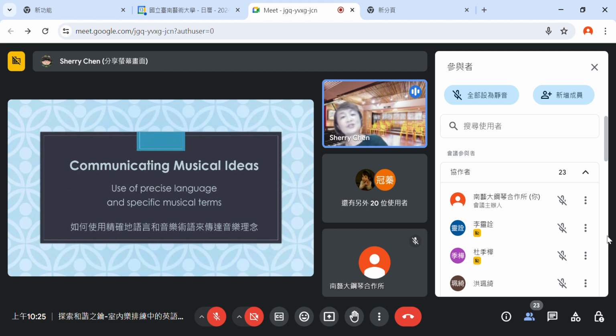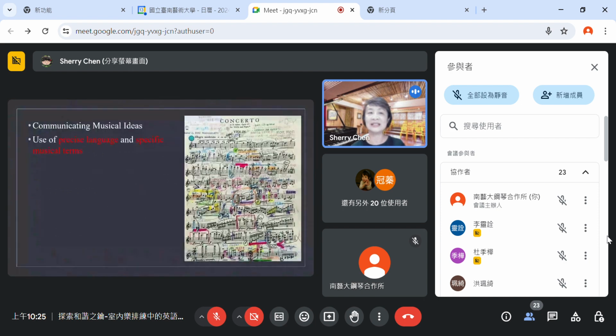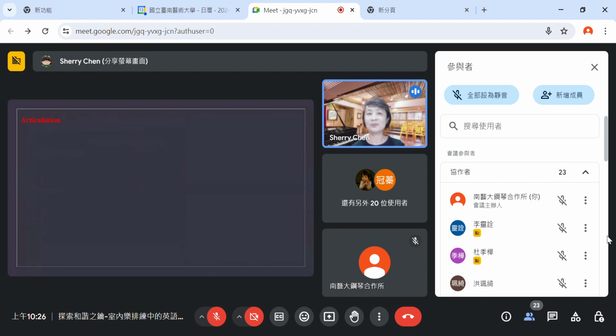Okay, so let's get on to communicating musical ideas, use of precise language and specific musical terms. 怎么样精确的使用语言跟音乐的术语来传达音乐的理念啊。So using precise language and specific musical terms is very, very important.